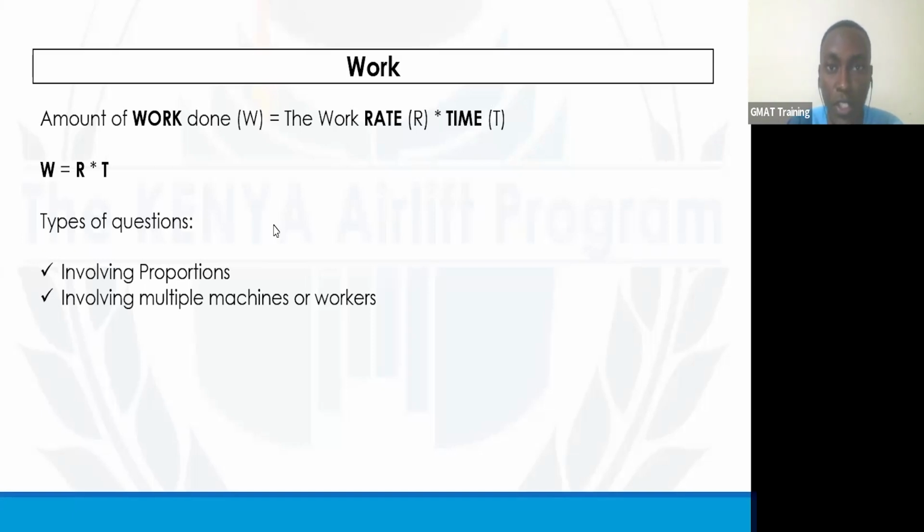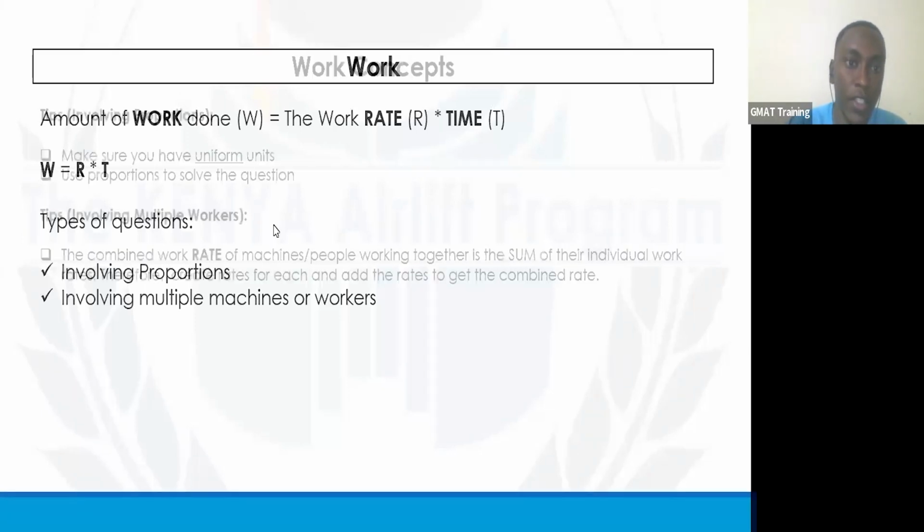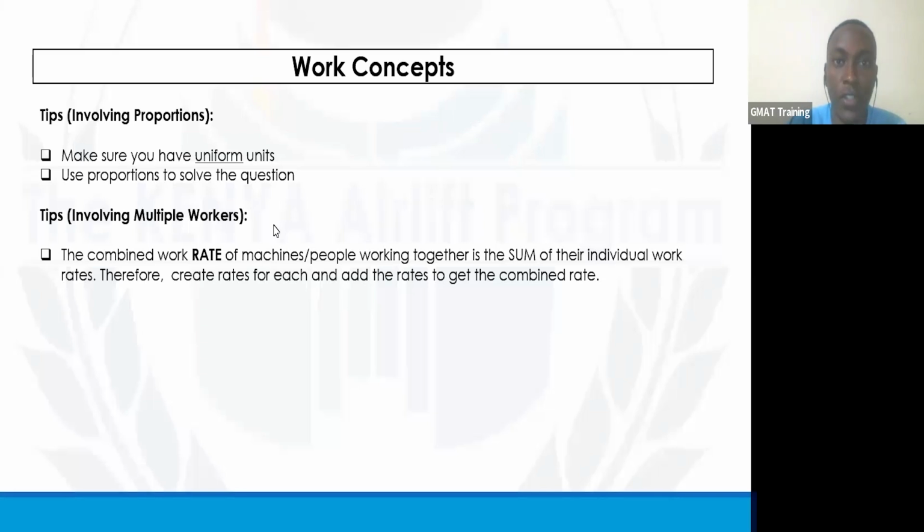We had those that involve only proportions and those that involve multiple machines and workers. And the strategies themselves were, for those involving proportions, you have to have uniform units, and we also use proportions to solve the question, just as simple as that. And for those involving multiple workers, we had to combine the rates by adding.